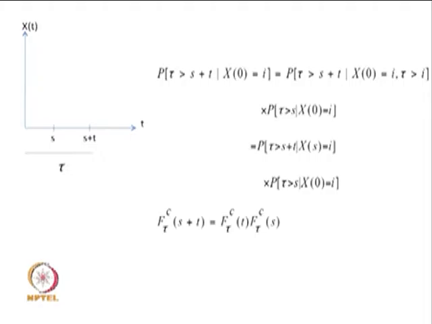Therefore, this is nothing but the complement CDF of tau at the time point t, multiplied by the one from 0 to S, which is the complement CDF of tau at the time point S, whereas the left hand side is the complement CDF of tau at the time point S plus t.